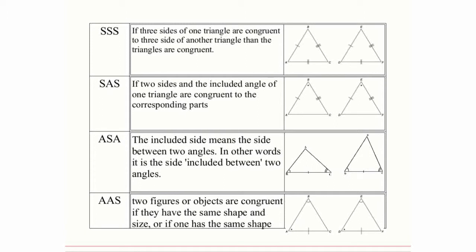So a side-angle-side situation: if two sides and an included angle of one triangle are congruent to the corresponding parts of another. Basically, if you can prove that two angles are the same in two separate triangles, for example B and E, then you know that EF is the same as BC and AB is the same as DE.